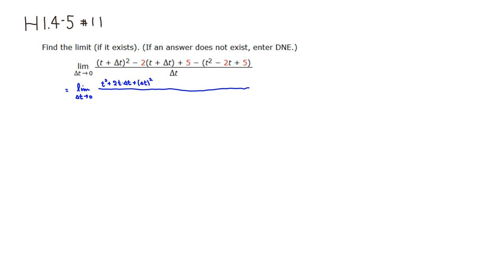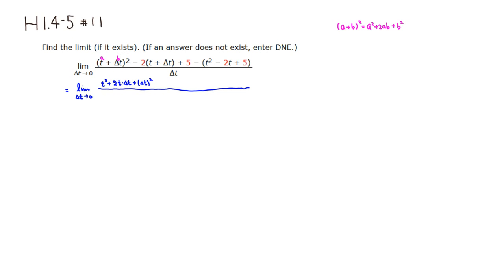Here I'm actually using this. Remember that if you have a plus b squared, it is a squared plus 2ab plus b squared. So that's what I'm using here. You're thinking of this as a and this as b.